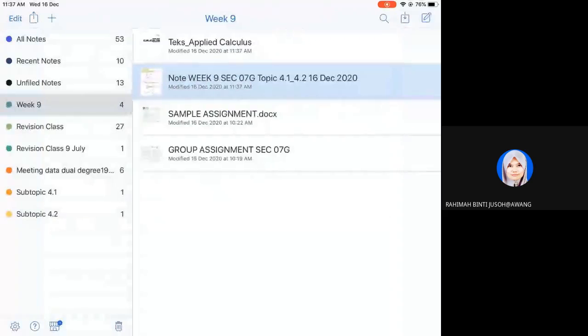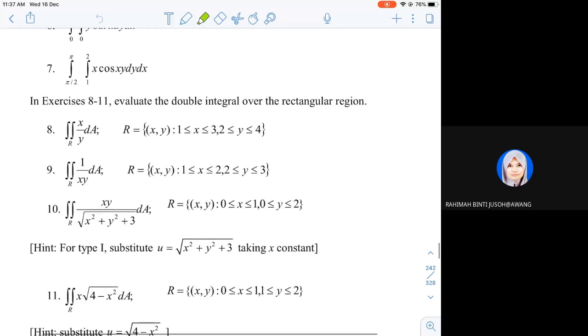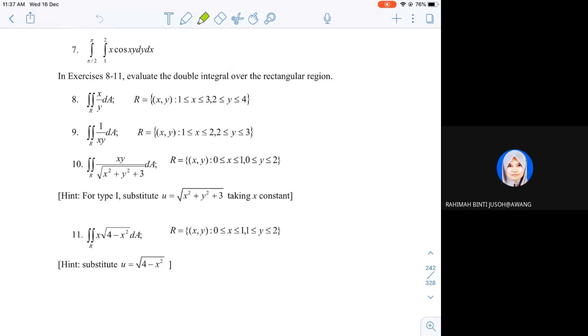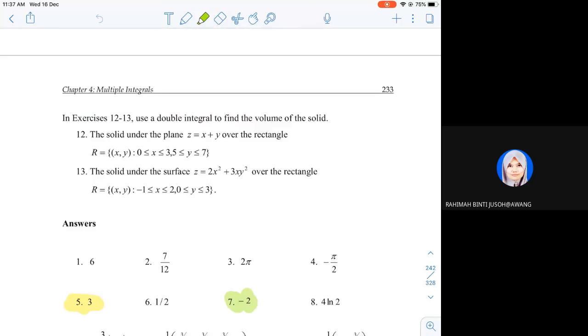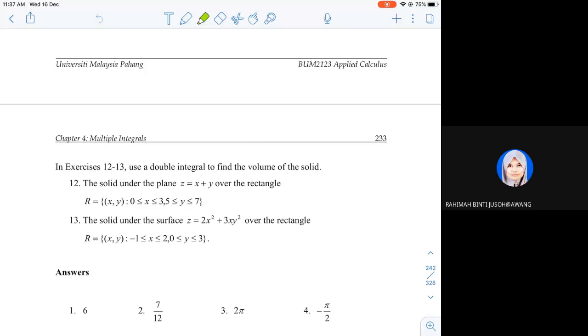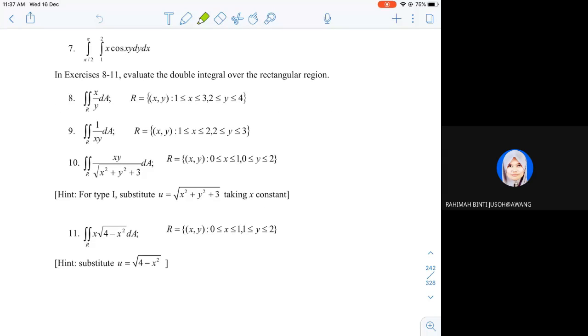So next question, ada lagi masa ni, kita buat di soalan seterusnya. Which question you want me to solve for you? Pilih guys, which question you all nak saya buat ni? Yang you rasa tak boleh buat sendiri, tak dapat jawapan. Question number 10 ni boleh?